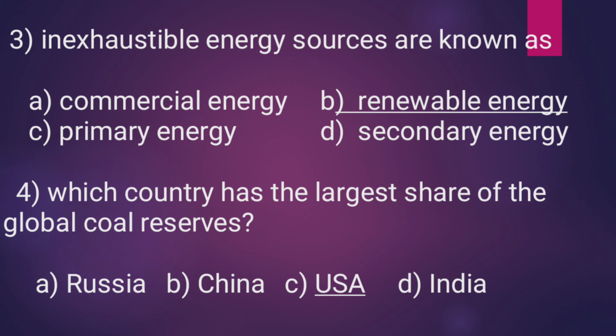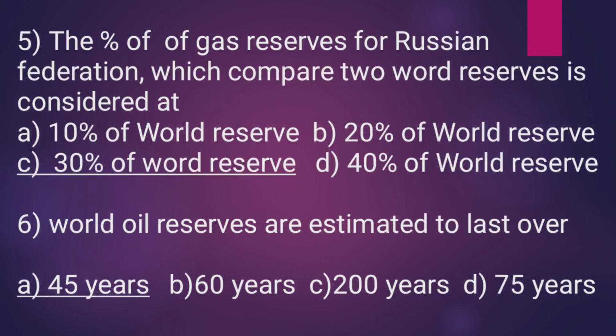Fourth: which country has the largest share of the global coal reserves? Russia, China, USA, India. The correct answer is option C, USA. It means the largest share of the global coal reserves is in the USA, United States of America.